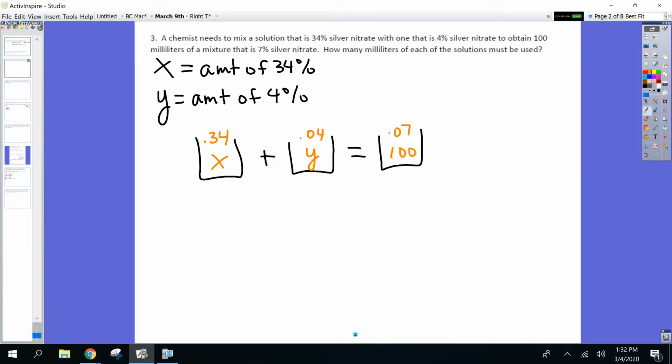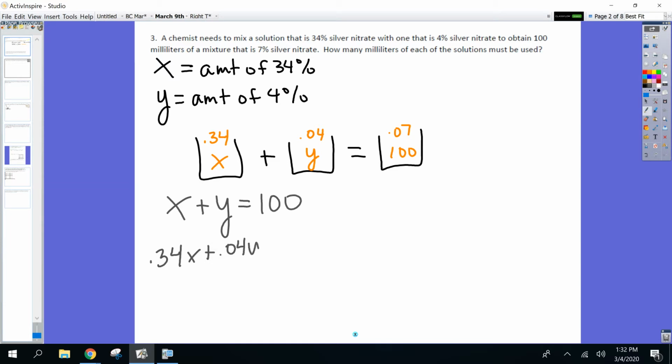Two variables, 2 equations. You already have the first equation written in the beaker for you. The amount X plus the amount Y should total up to 100. Now I put the percents with them. So 0.34X plus 0.04Y.